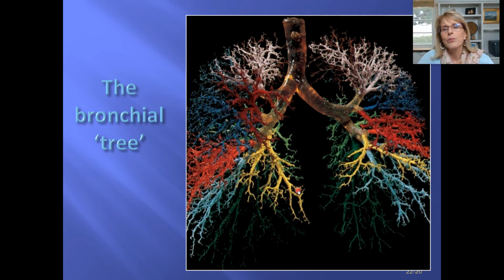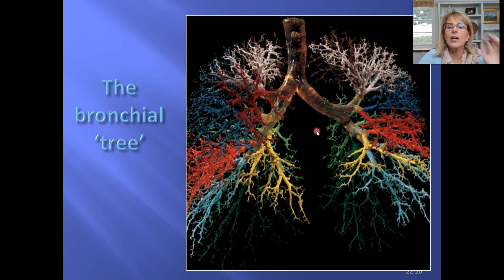So this would be like one of those big branches on my tree. If there is a tumor here, I can't just cut it out. Because if I just cut it out, I won't be just removing the tumor. There will be no way for air to get from here to there. There'd be no way for blood to get from here to there or from here to there.